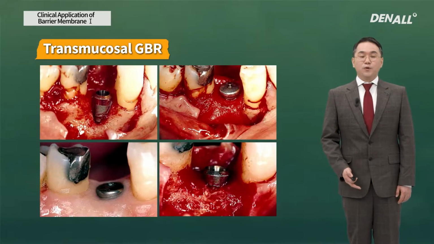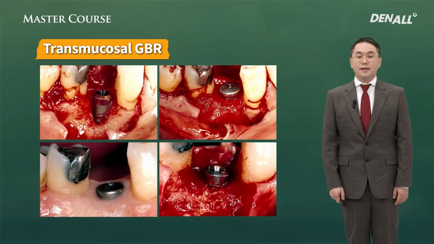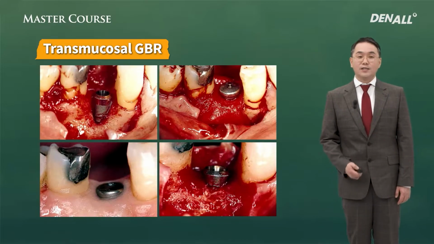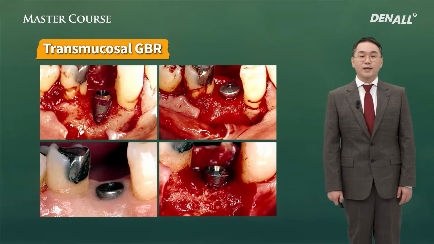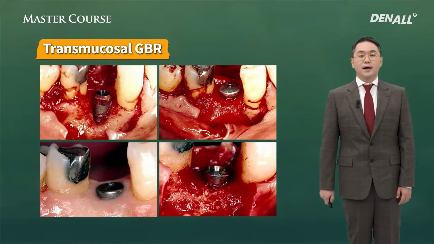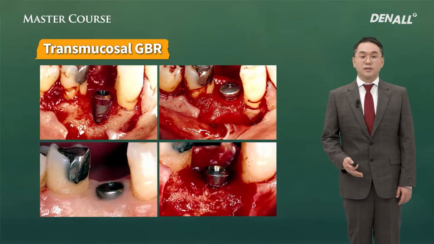Transmucosal GBR, which is also called non-submerged GBR, is to address a problem of tissue-level implant, which is hard to achieve a primary closure. It is hard to submerge the tissue-level implants with the transmucosal part during GBR after placing it in a bone defect.